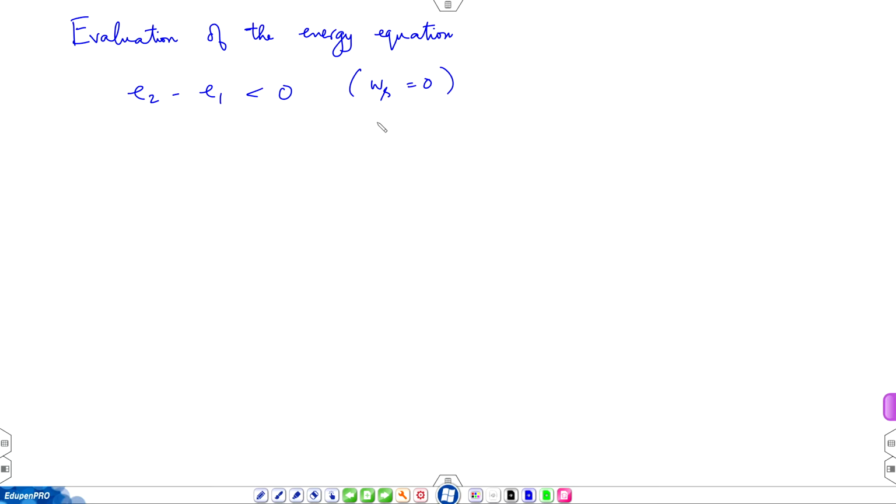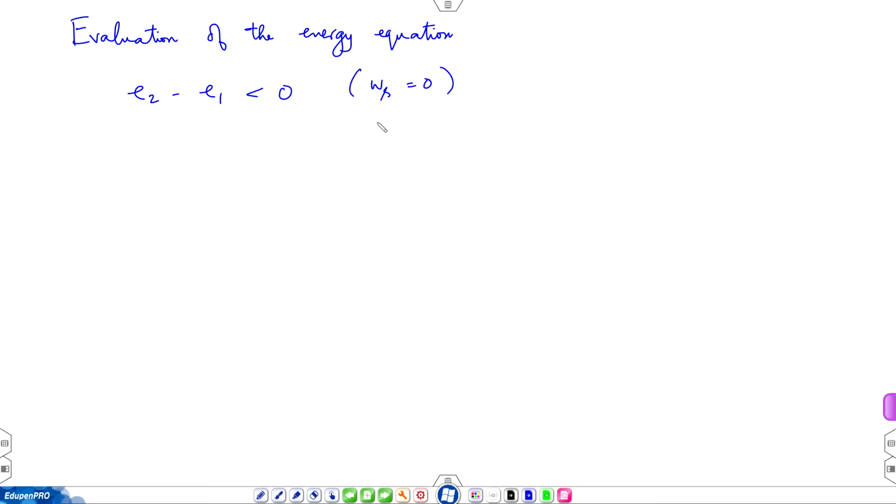So, this is a special form of the energy equation. So, it is not adequate, I think we discussed previously. Less than 0 will give you some limiting results, but how much is it? Okay.